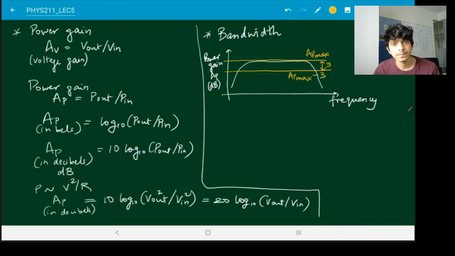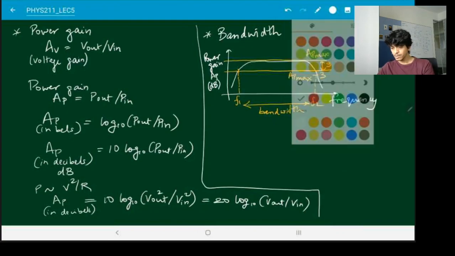So it's a fall of 3 decibels from the maximum value. And then we see for what frequencies this happens. So let's call this frequency F1. Let's call this frequency F2. And then this F2 minus F1 is what we call bandwidth. So within this range of frequencies, your power gain is going to be within 3 decibels of its maximum value. So we say this is an acceptable range for operating your amplifier.